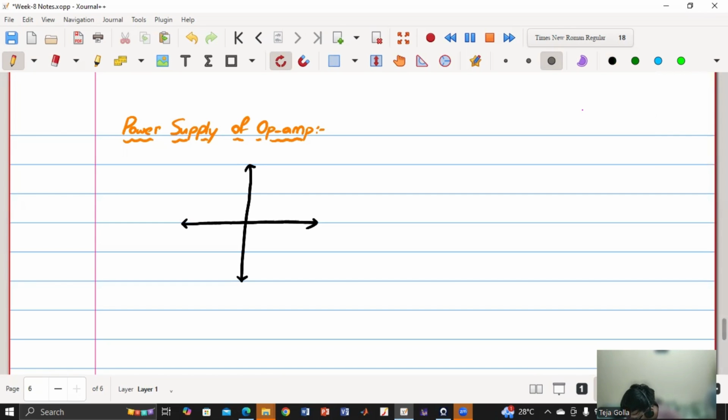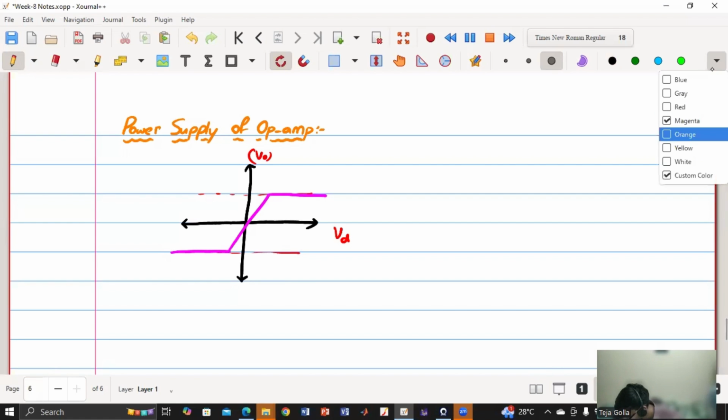If I check the characteristics of the op-amp, V naught versus VD, there is actually a saturation limit, which is plus VDD and minus VSS, the supply rails. After reaching it, the output will get saturated there.